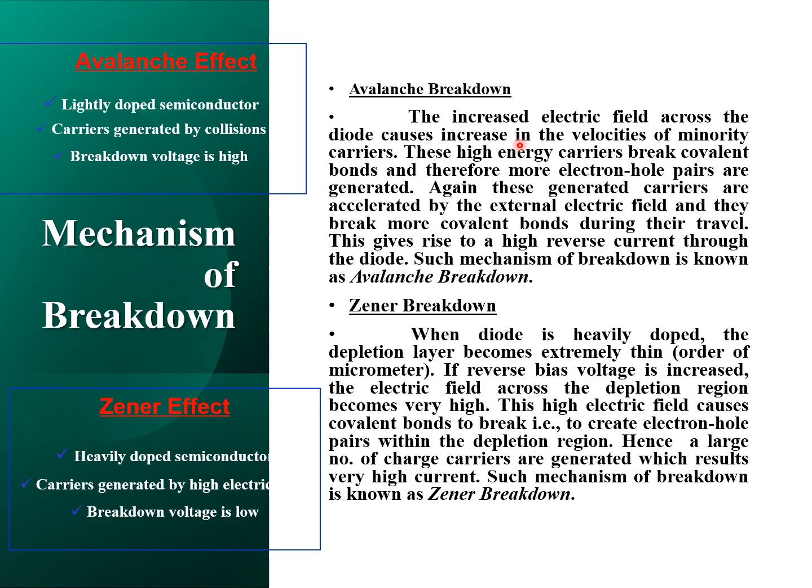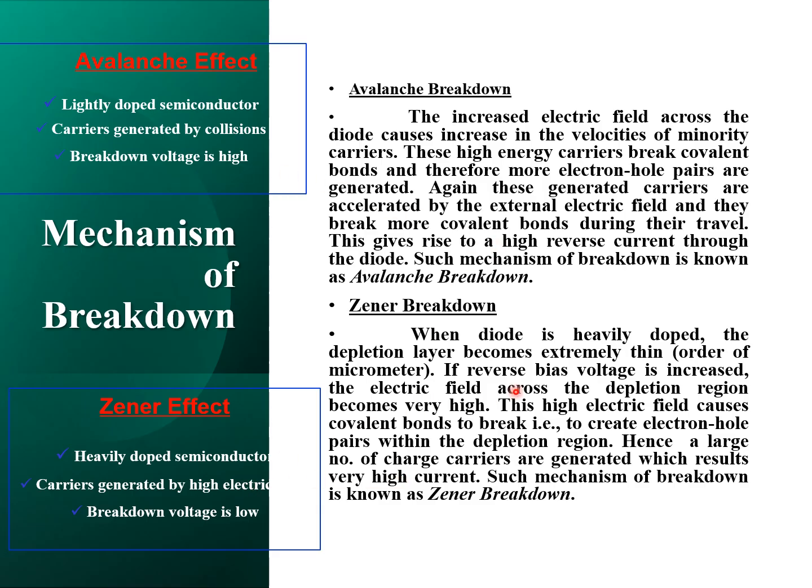The released electrons gain energy and collide with other bonds, releasing more electrons. Like that, the multiplication of charge carriers causes the breakdown of the diode. So in lightly doped semiconductors, avalanche breakdown has carriers generated by collisions, and the breakdown voltage is high.